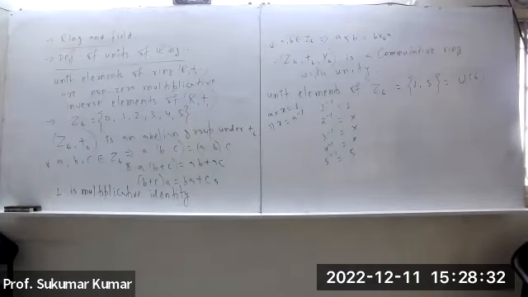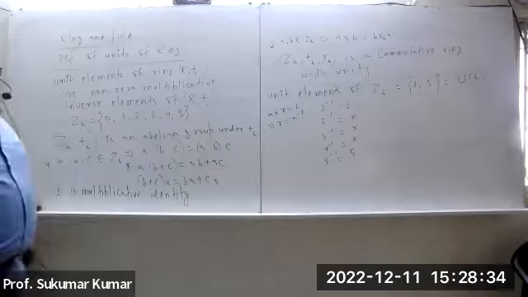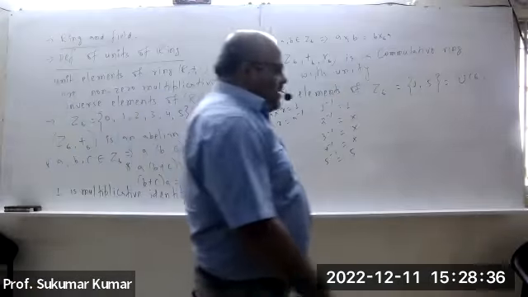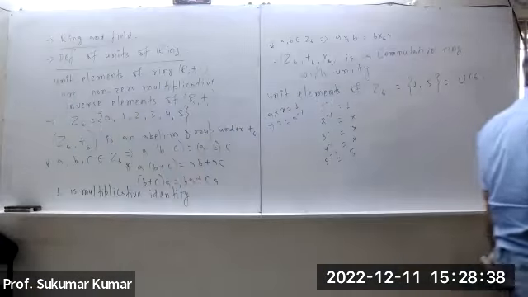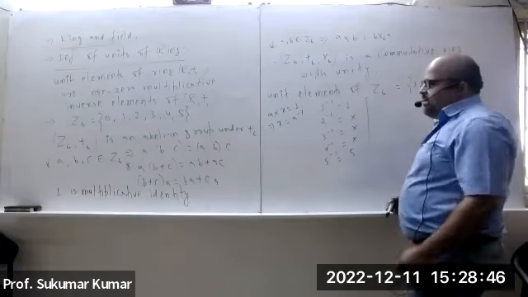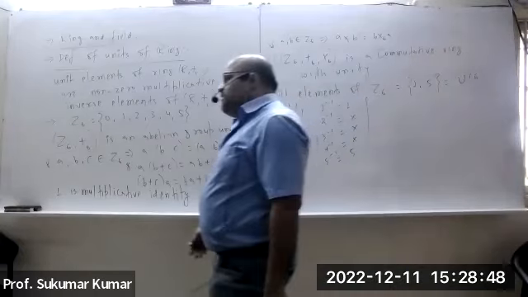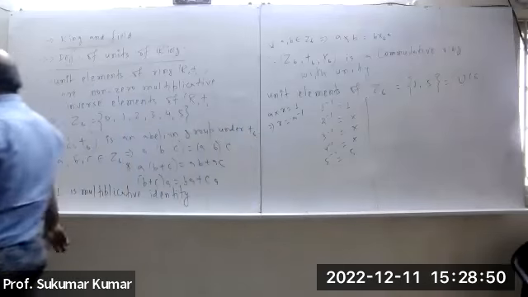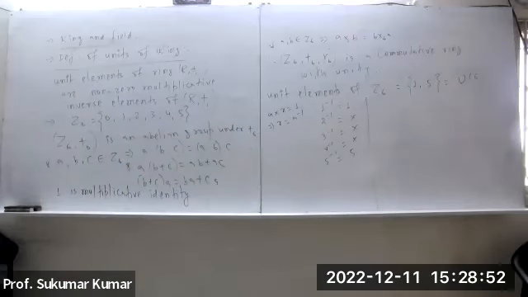I told already that U(n) group is also called the unit group. Later I will tell why it is called the unit group: because it is the collection of unit elements of ring Zn. So any Zn is always a commutative ring with unity, and the unit elements will be U(n), all relatively prime elements.